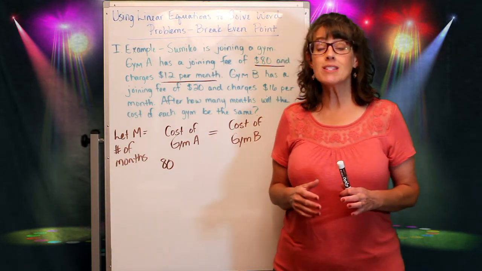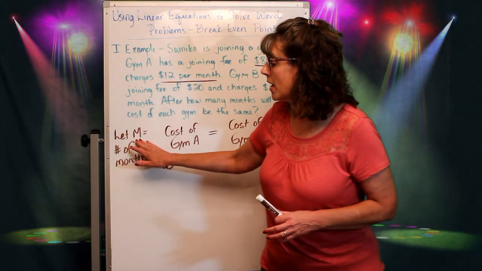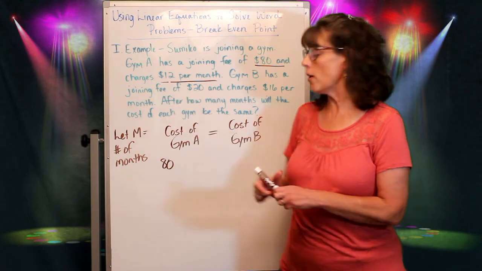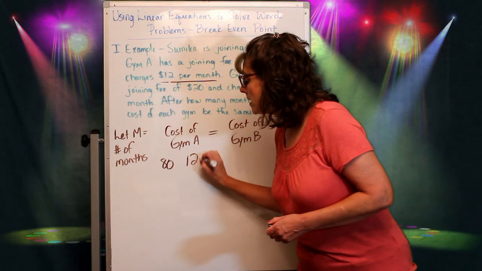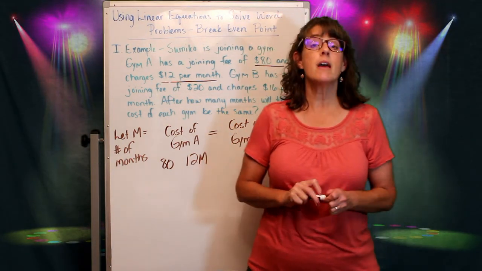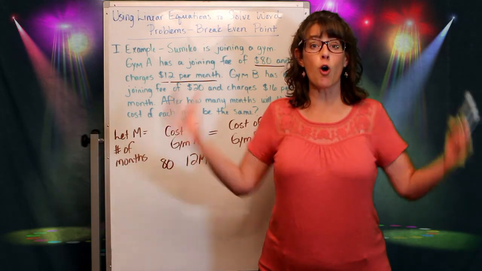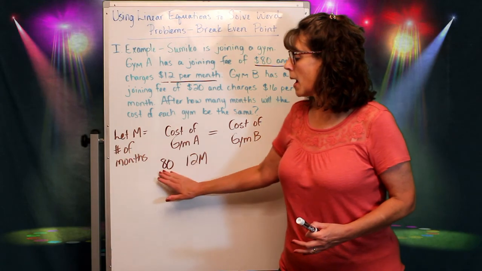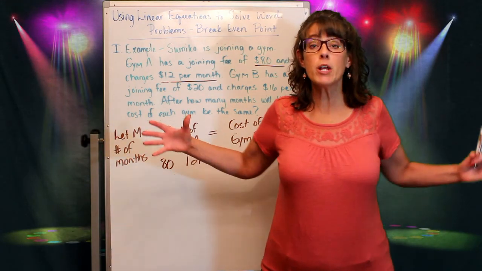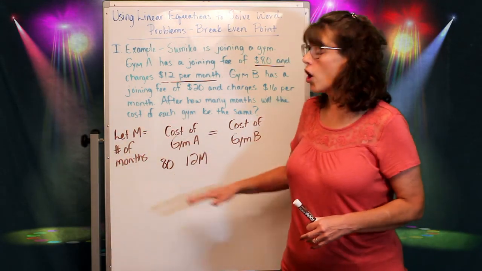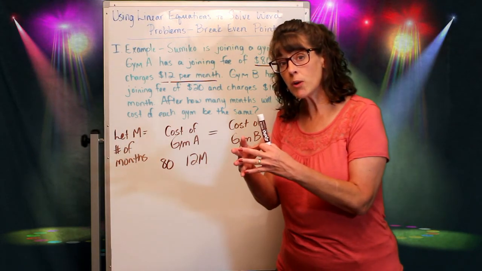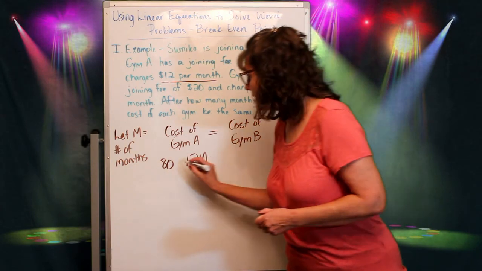So what I'm going to do instead is take the number of months, which I don't know, I'm calling M, and multiply it by 12, giving me 12M, and that's going to tell me the total of all those monthly fees. And remember, I'm going to take this total of monthly fees and throw it in with the joining fee. Putting those two together will tell me the cost of being able to work out at Gym A. So putting them together, how do we indicate that? Yes, that would be addition.